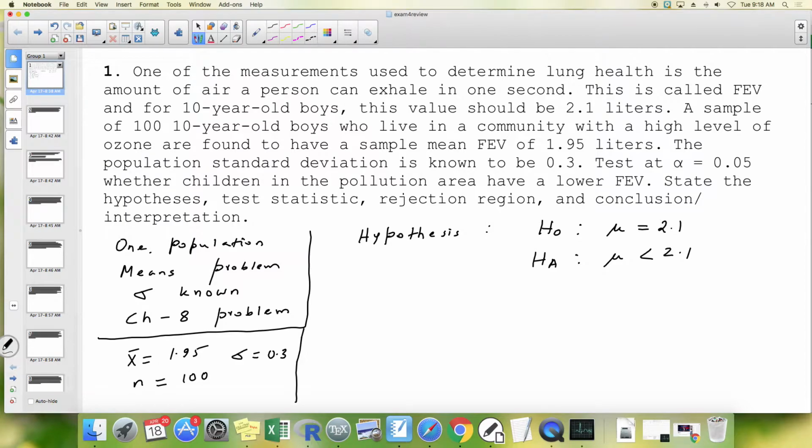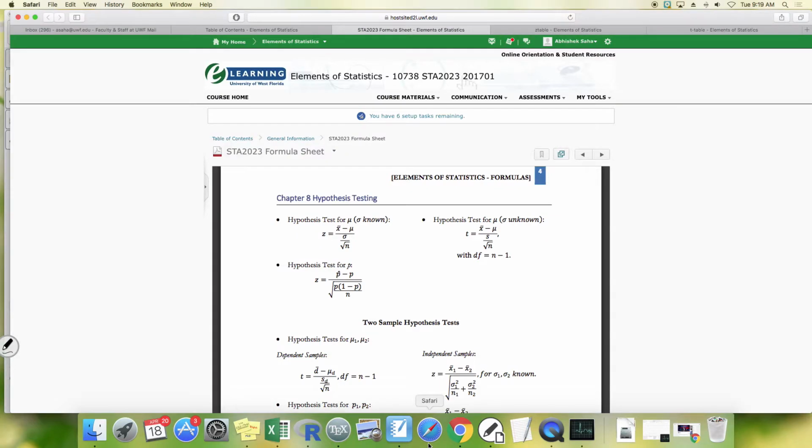All right. So next step is test statistic. So for chapter 8, for one sample, for hypothesis test for mu, when sigma is known, it's z equals x bar minus mu divided by sigma by square root of n.